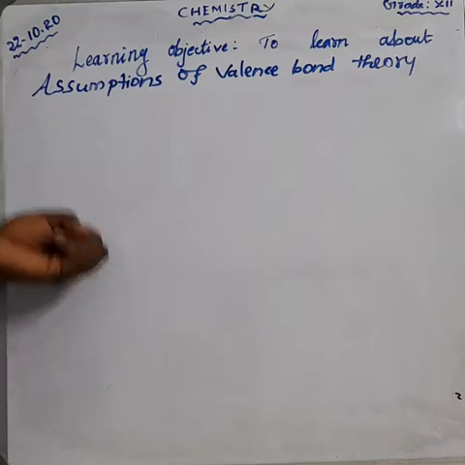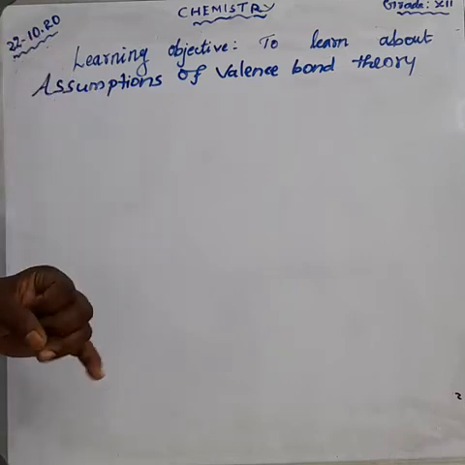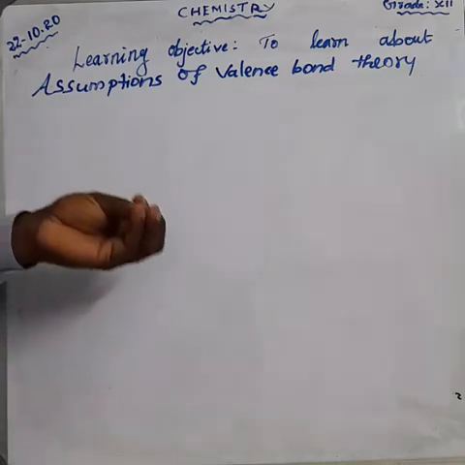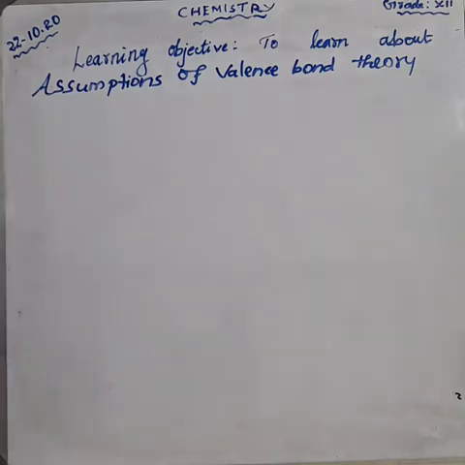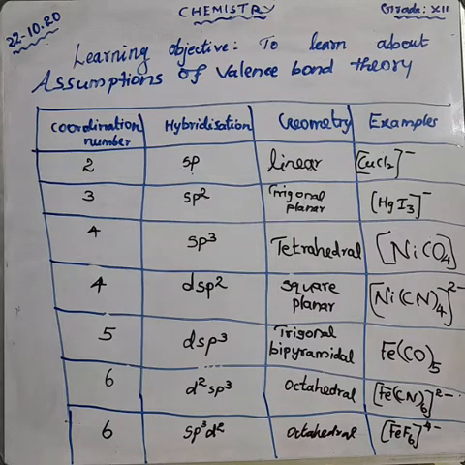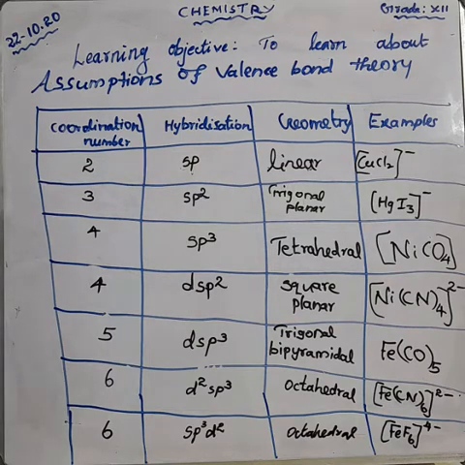Suppose the hybridization is sp, what is the geometry? sp means linear. Which complexes are linear? We can discuss one by one. Each one is very important for the one-word question, especially for new students. In coordination chemistry, they will definitely ask one question in coordination compounds, so you should learn thoroughly.